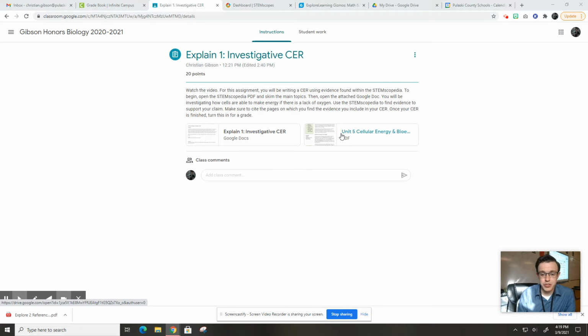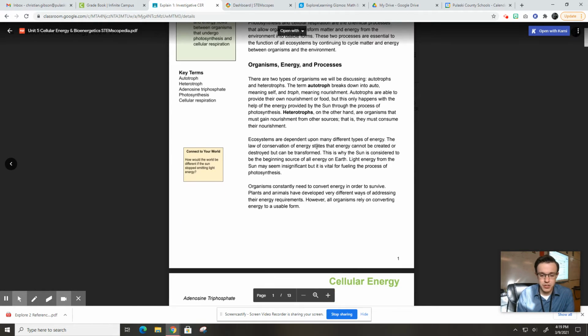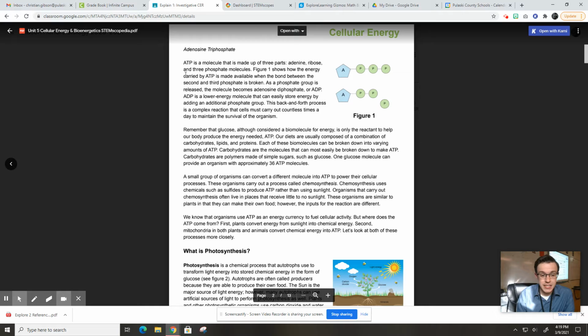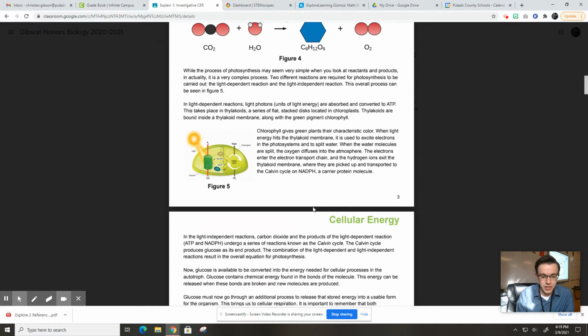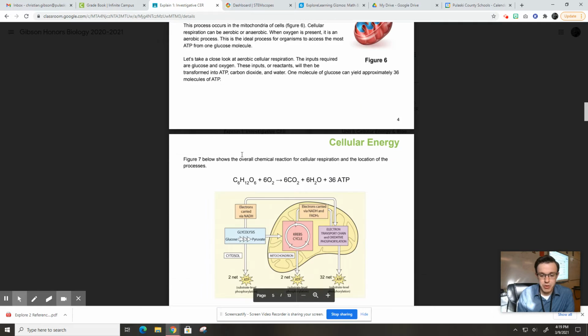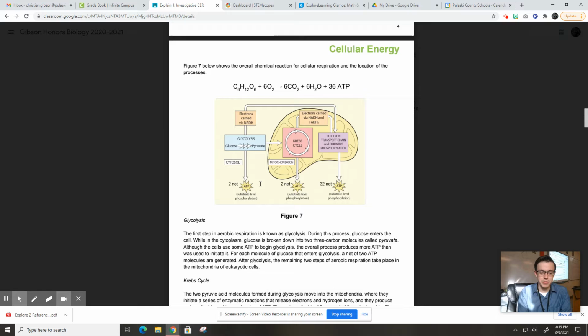Well, first it says, let's open the STEMscopedia and just scan the topics. So we've got organisms, energy, and processes, autotrophs and heterotrophs, ATP, photosynthesis, and here's the whole equation. We've got cellular respiration and the whole equation and a big diagram of all the steps.